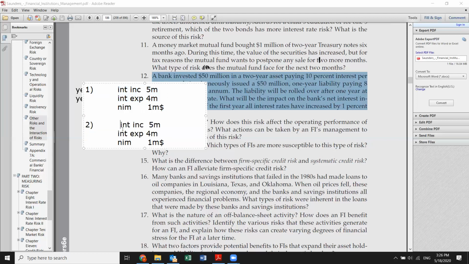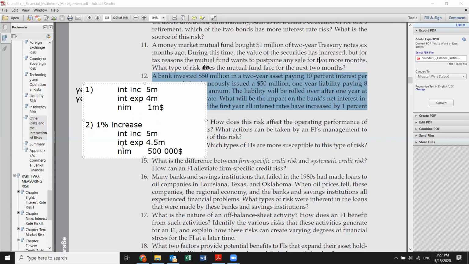If interest rates increased by 1%, that makes our interest income the same, but it changes our interest expense. So our interest expense will be equal to 4.5, and our net interest margin or net interest income will be reduced to $500,000.